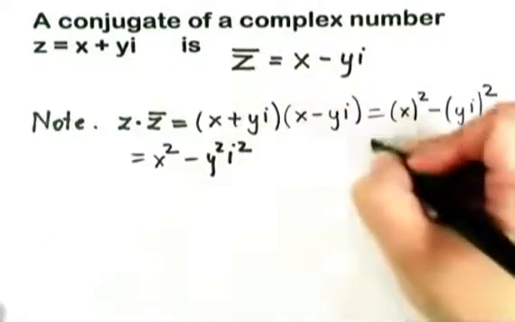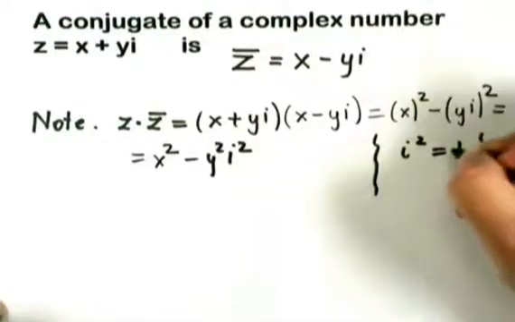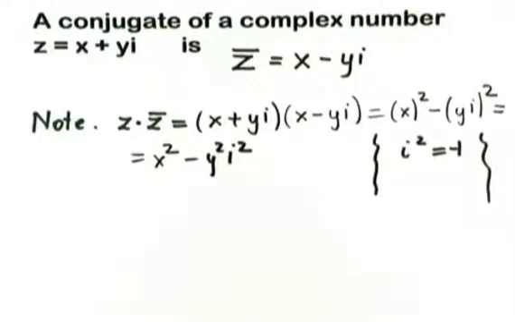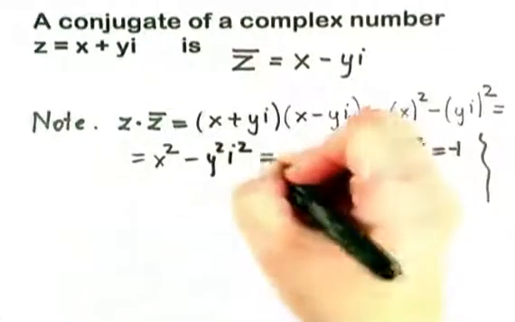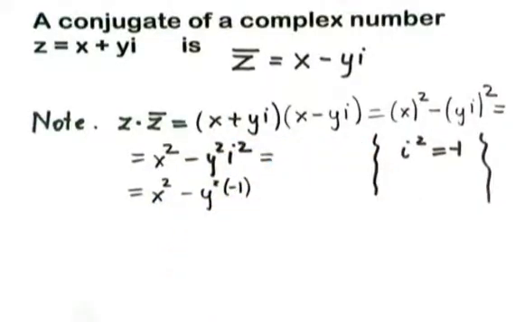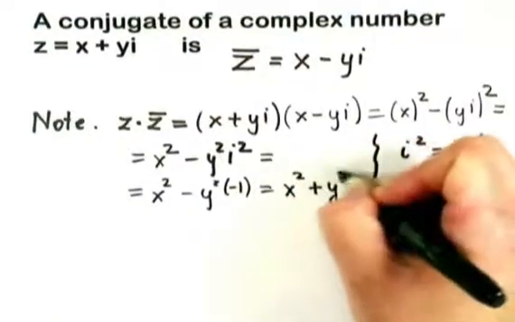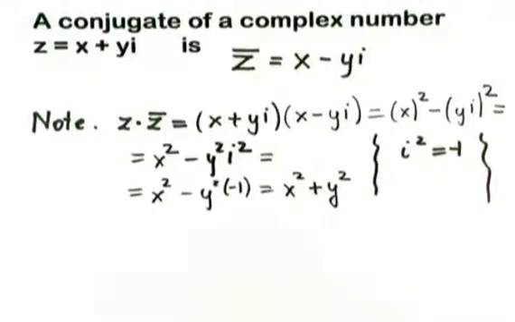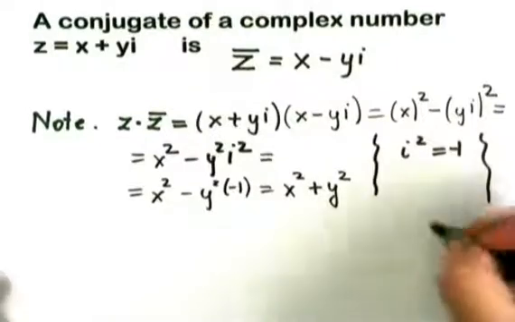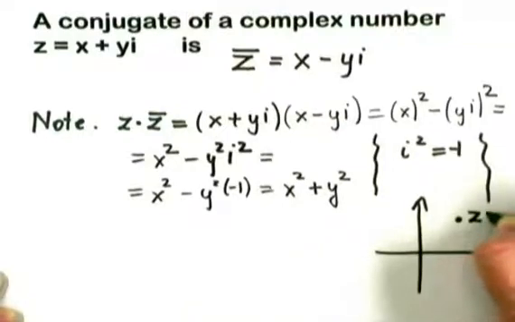And we know that i squared from the definition of the complex number is negative 1. So this is equal to x squared minus y squared times minus 1. Minus times minus gives me positive. So x squared plus y squared. If we look at the diagram, it's nothing else but the distance, right? Here was my point, z is equal to x plus yi.